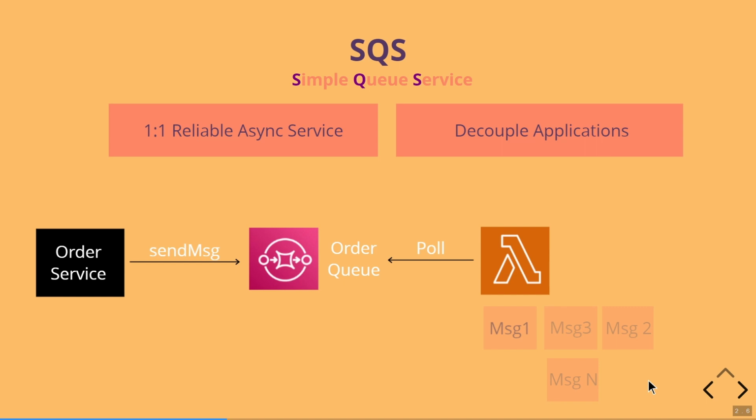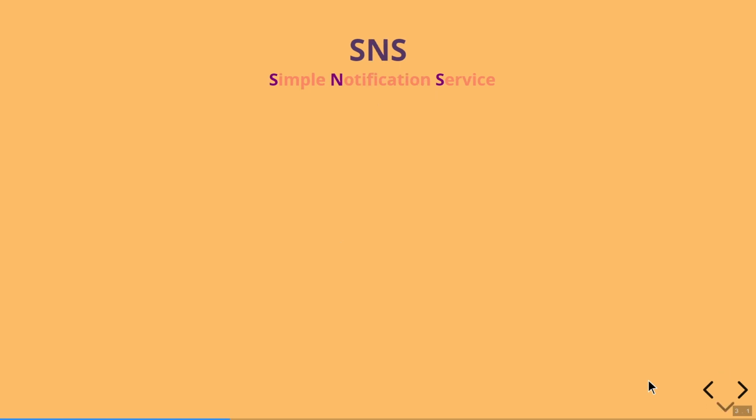Keep in mind, it is used for one-to-one reliable asynchronous communication and basically allows us to decouple our business application. The next one that we will be seeing is SNS. As the name says, it is Simple Notification Service.